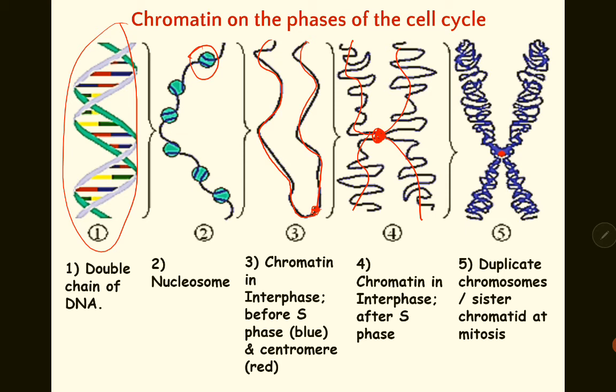Okay, because of the DNA replication process, so they have double DNA. So after the duplication of the chromosome, okay, means this is the duplicated chromosome, then you call it sister chromatid, okay, during the mitosis process.